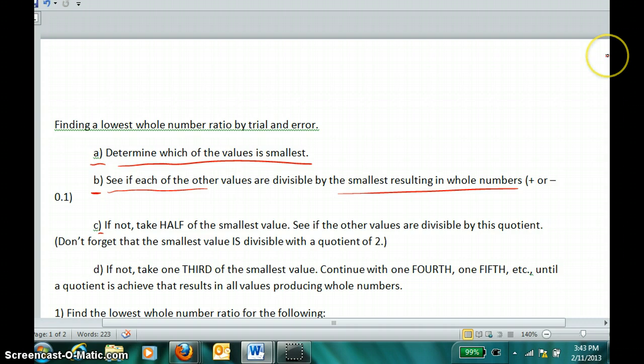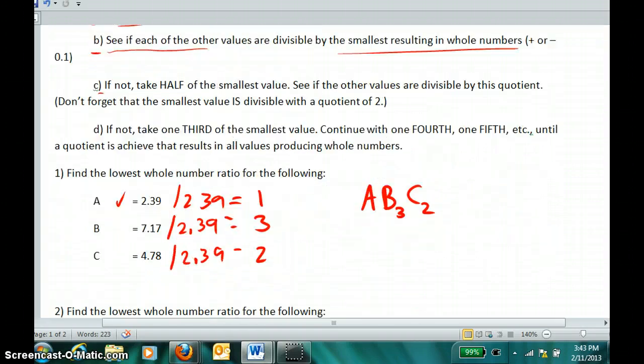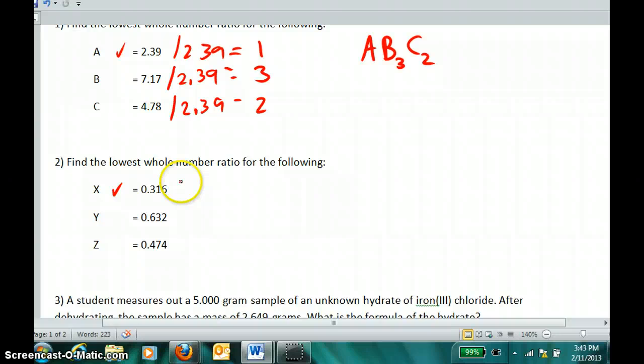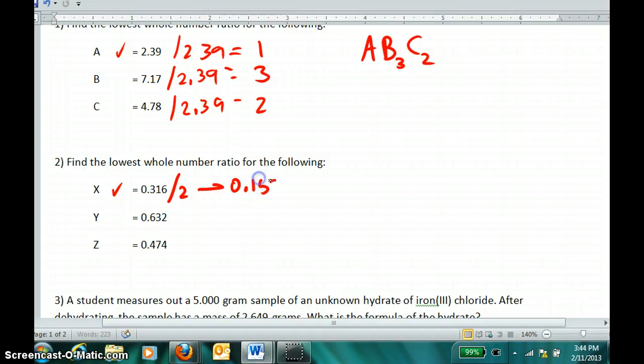So up here it says, if not, namely they're not divisible, take half of the smallest value and see if the other values are divisible by that half, that quotient that you get. So let's try that. If I take half of the smallest value, I get 0.158. Now I'm going to see if these other values are divisible by this quotient, 0.158.